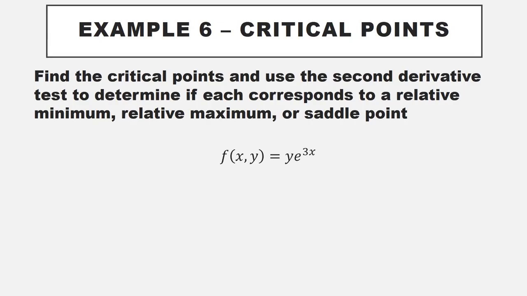So there's no hard and fast rule about how many critical points you're going to see. Could be 0, could be 6, could be 1, could be infinitely many. But that's the nature of setting those first order partial derivatives equal to 0 and saying they both have to be 0 at the same time.